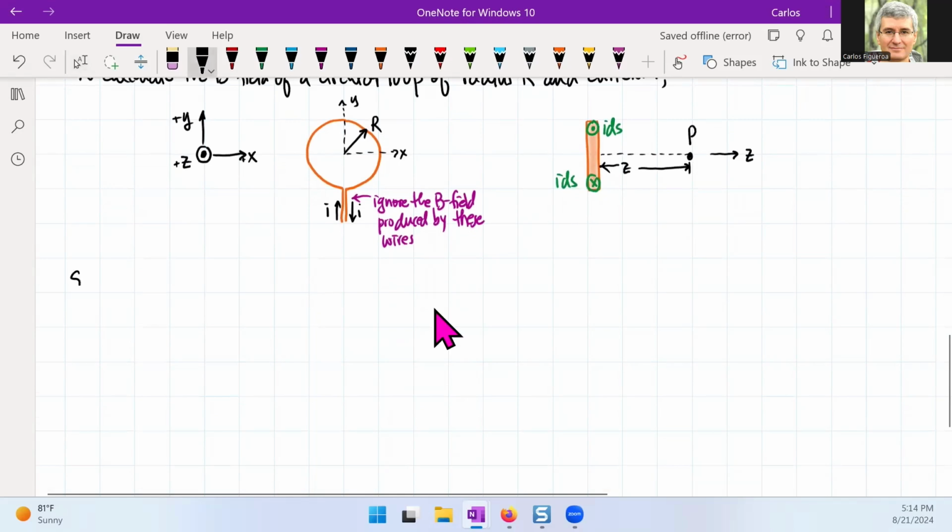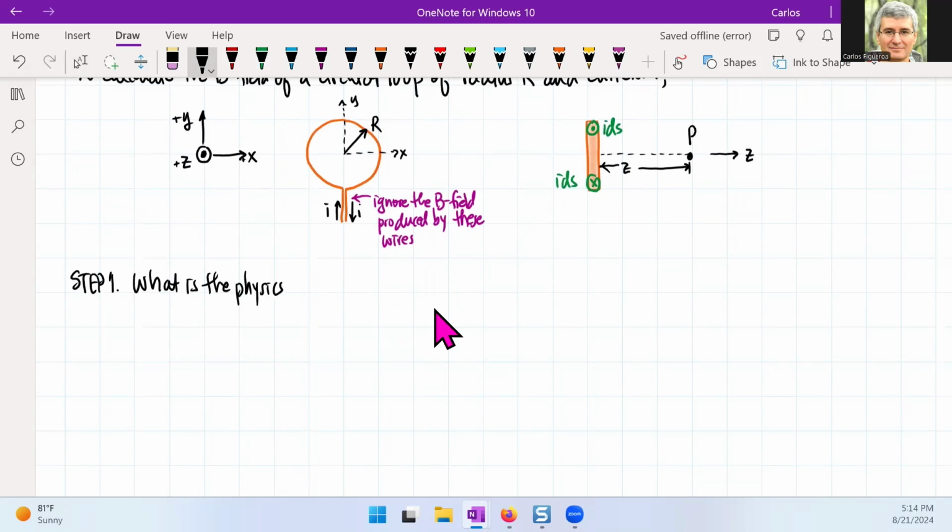So here we go. Step one. What is the physics of the field before we calculate it?